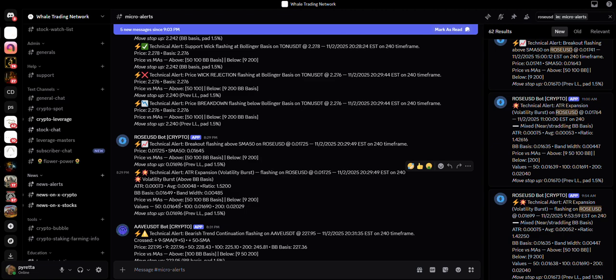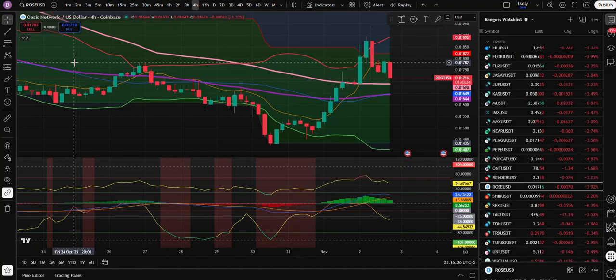So when you have the inverse of this and you get an ATR contraction, that's when this value is going to fall below the average. When that falls below the average, you're going to get an alert. It's going to let you know, like something like this. When you're moving flat, you're going to probably fall below the average.